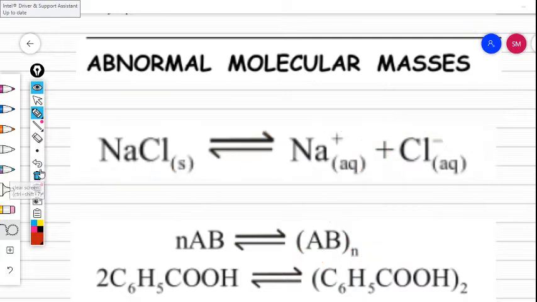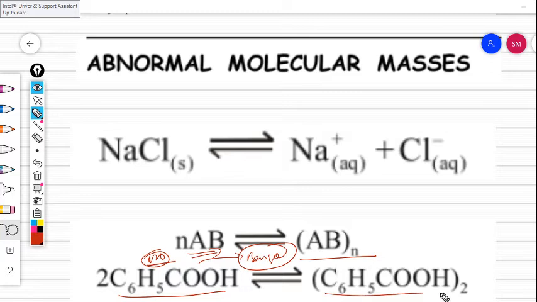For example, if you take association phenomena, benzoic acid generally I think it will be 120 in the undissolved form, or simple benzoic acid. If I dissolve this benzoic acid in benzene, it gets associated and forms a dimer, based on hydrogen bonding.